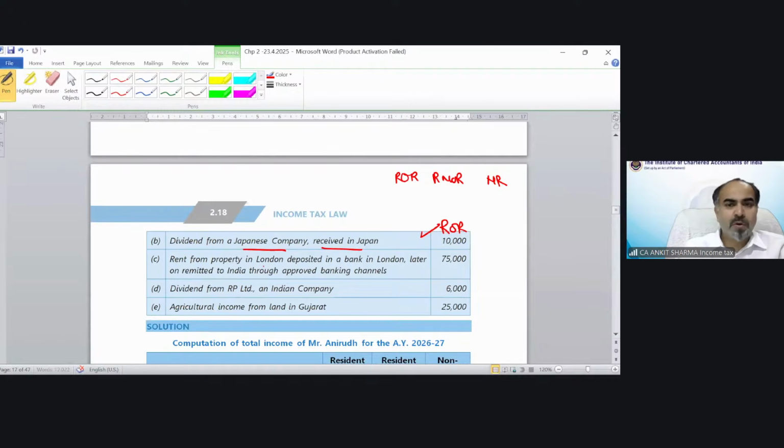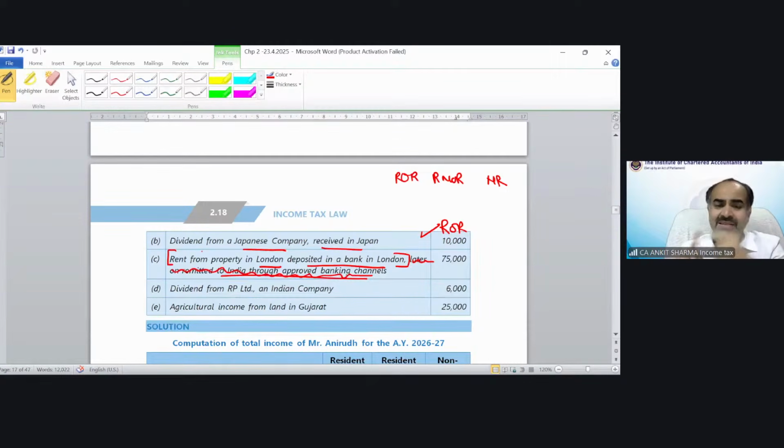Now, rent from property in London, deposited in a bank in London, later on remitted to India through approved banking channels. Now, this remitted language is irrelevant. Don't read it. Just read the question till over here. Now, the question is rent from property in London and deposit in a bank in London, 75,000.